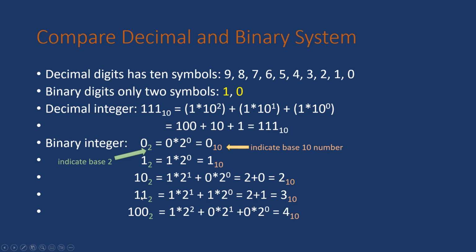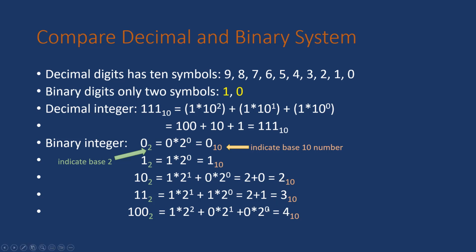The second position is 1 multiplied by 2 to the power 1, which is 1 multiplied by 2, so that is 2. So 2 plus 1 is equal to 3. So the binary number 11 is equal to the decimal number 3.